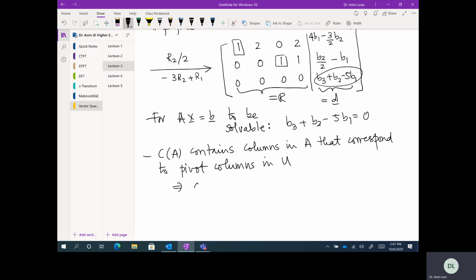So this implies the column space of A contains the first and third column.